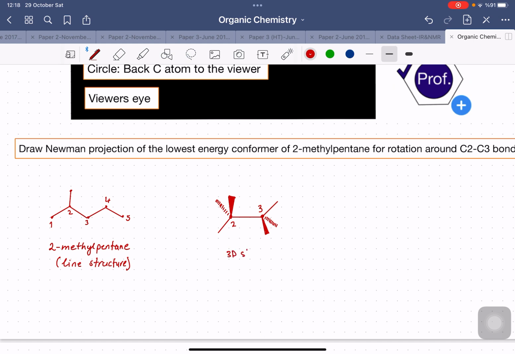3D structure of relevant parts. Relevant parts is similar to ethane. Okay, let's look at the number 2 now.